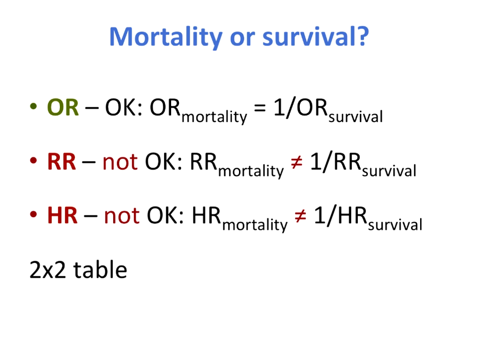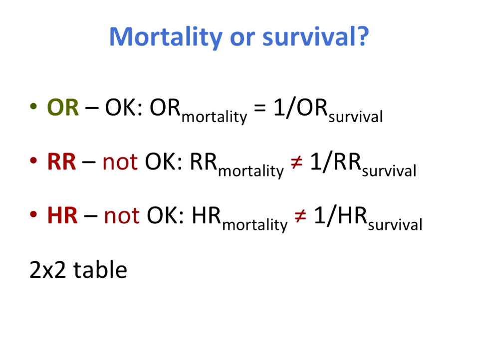So the relative risk of mortality is actually not equal to the inversion of the relative risk of survival. So one cannot just flip relative risk and say that if, say, the relative risk of mortality is 0.9, the relative risk of survival would be 1 over 0.9. That would be actually true for odds ratio.